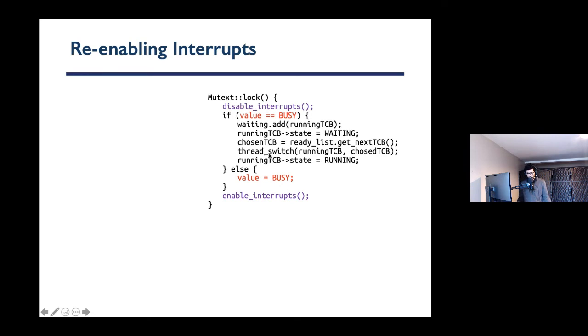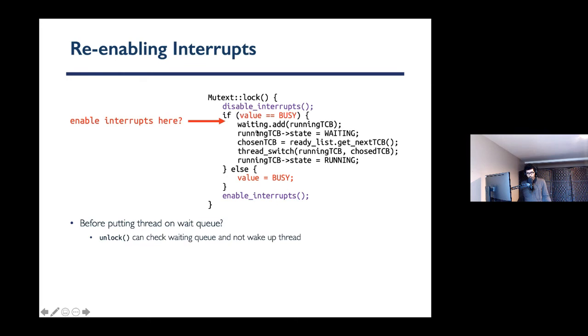Now, the question is where and when should I enable interrupts? So I'm disabling interrupts and going to sleep. What's going to happen to the interrupts? So should I enable interrupts here? The answer is no. If I enable interrupts here, then somebody else could call unlock. So if I enable interrupts, I basically open the door for someone else to be scheduled.